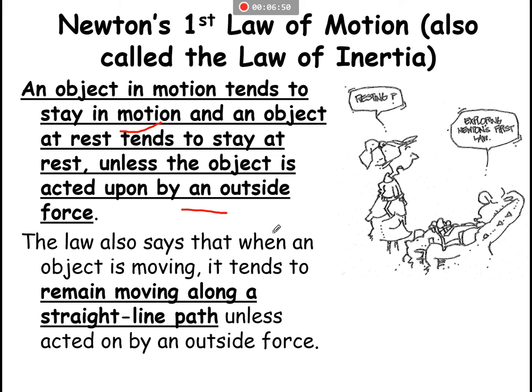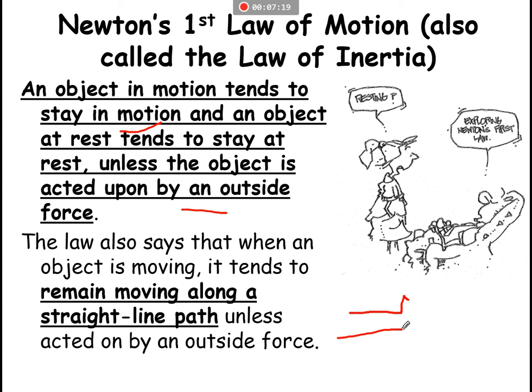The law also says that when an object is moving, it tends to remain moving along a straight line path unless there is any force acting from outside. Suppose a vehicle is moving in a straight path.